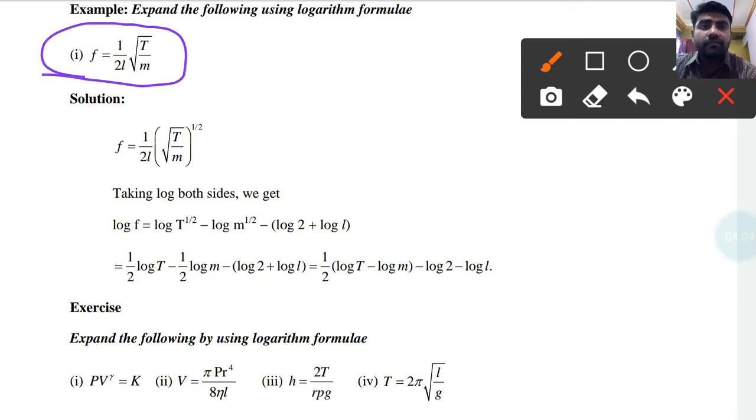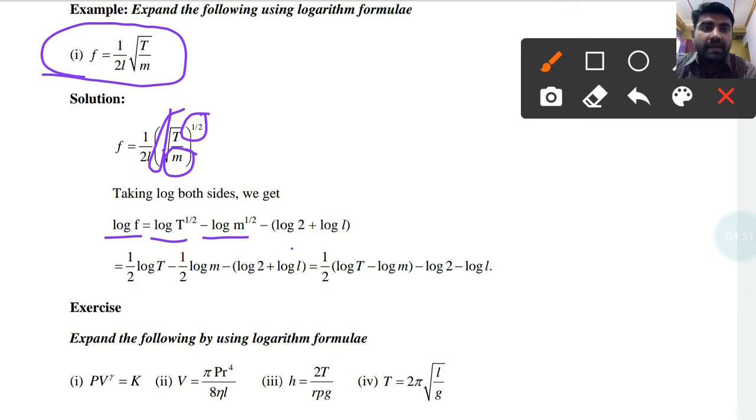So the frequency formula is given. Here there is also a printing mistake. If we write the power 1 by 2, we don't have to write the square root. So log f is equal to log t raised to 1 by 2. Now m is in the denominator, so I have to subtract here, log m raised to 1 by 2.